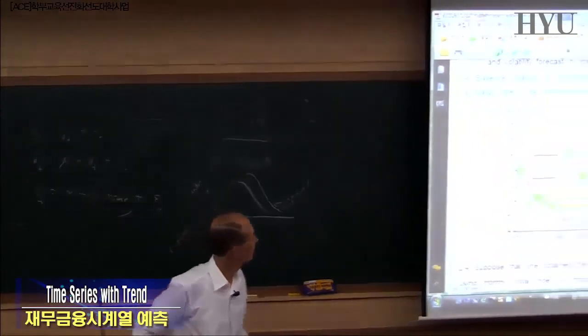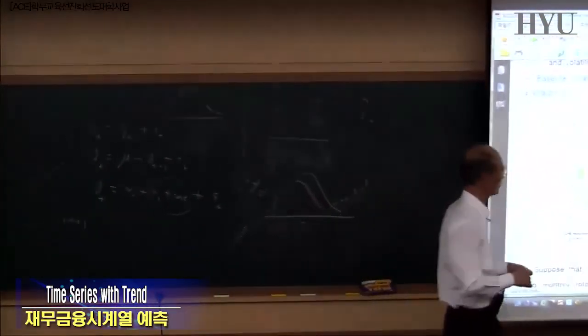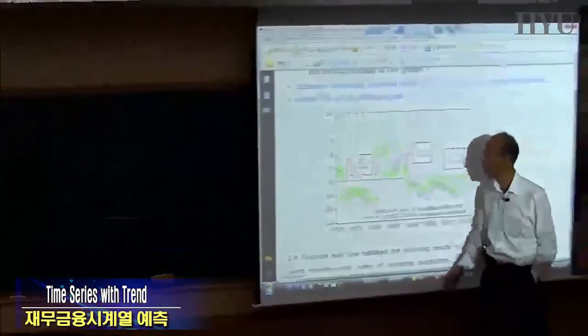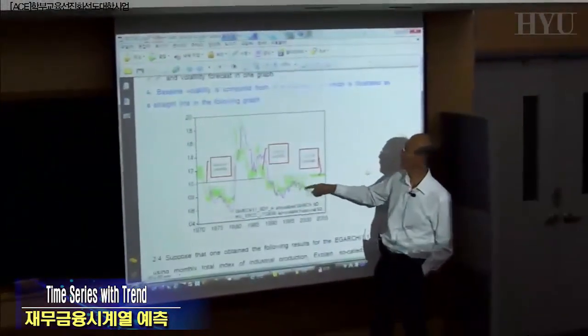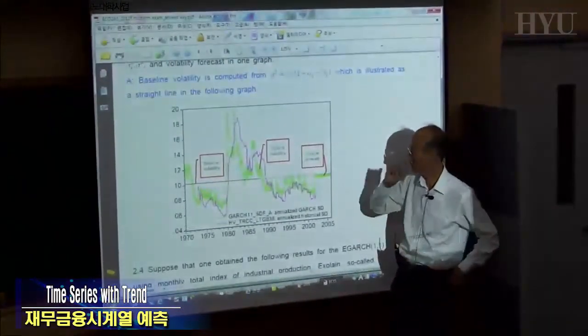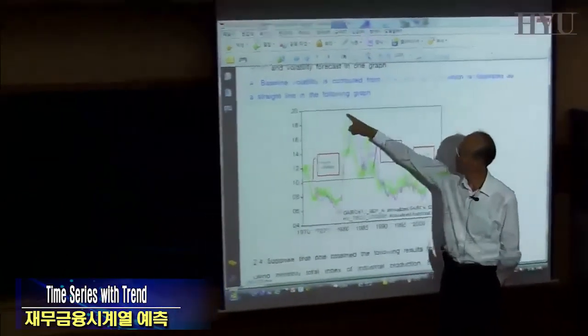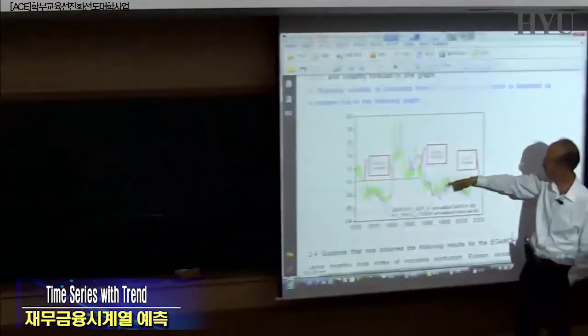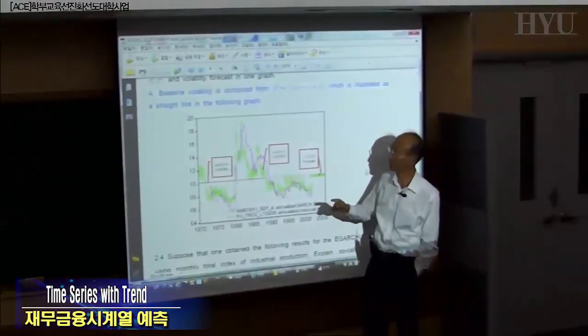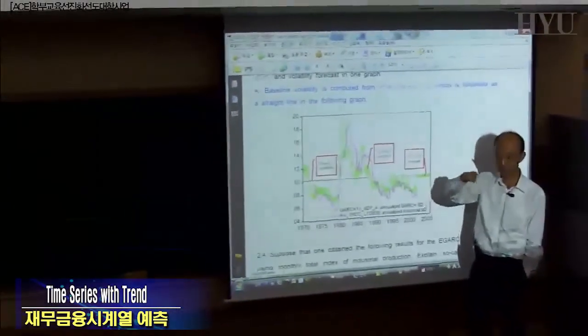So actually, it's showing this light green line. That's the GARCH volatility, sigma t, annualized.